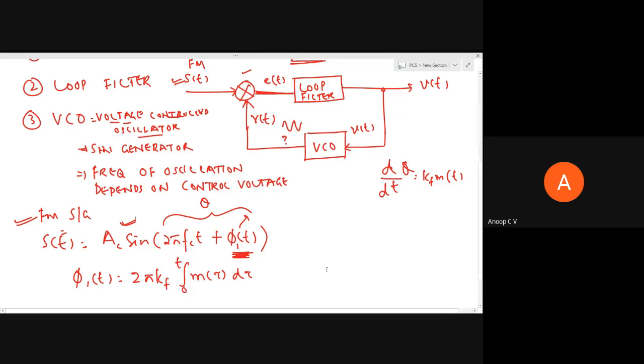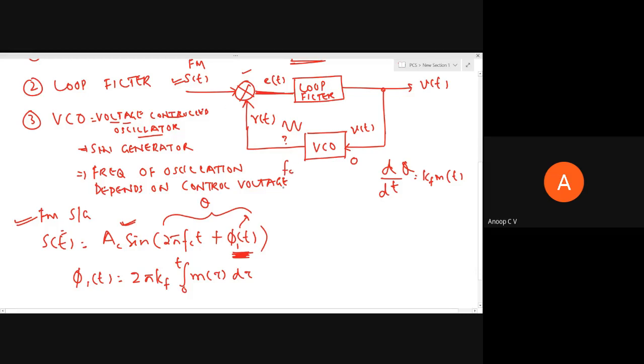Before we even start discussing, there are certain prerequisites. Initially, if you are not giving any control voltage to this VCO, suppose the VCO input is 0, then that is its free running frequency. The VCO output when the control voltage is 0 should be at the carrier frequency.